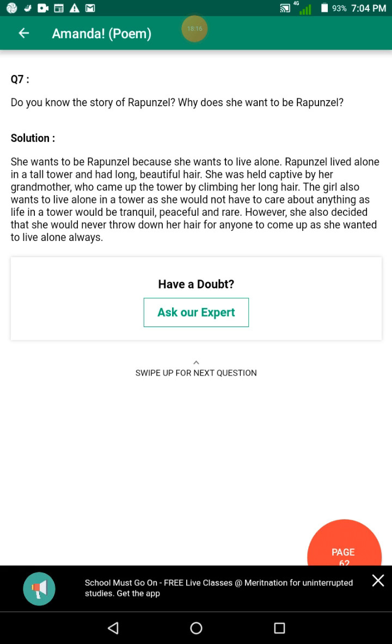The girl also wants to live alone in the tower, as she would not have to care about anything, as the life in the tower would be tranquil, peaceful, and rare. However, she decided that she would never throw down her hair for anyone to come up, and she wanted to live alone always. Okay? Yes. Please write this answer.